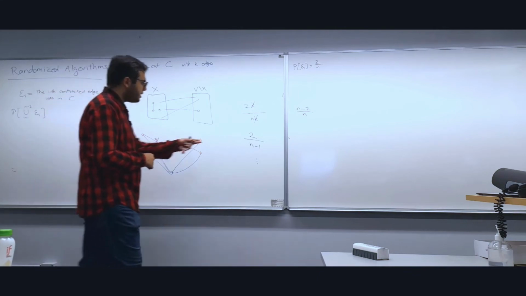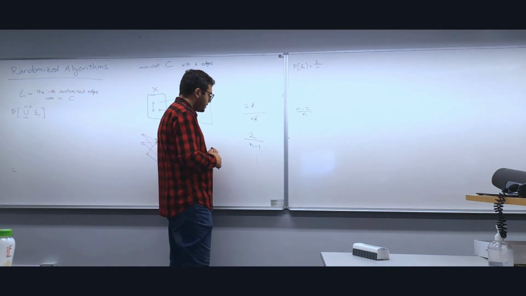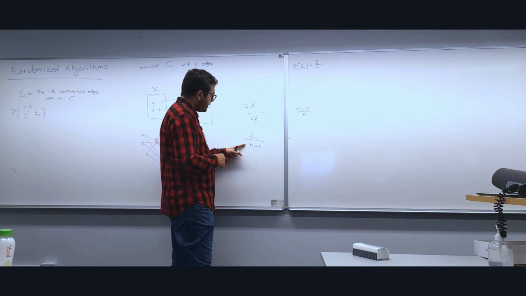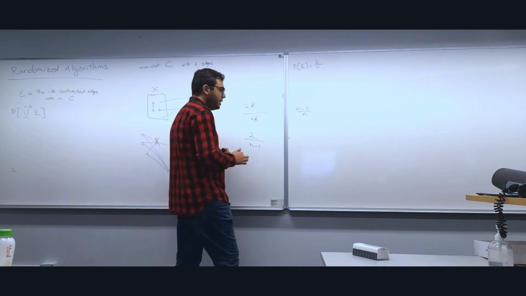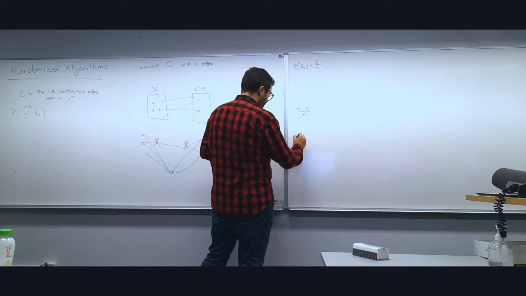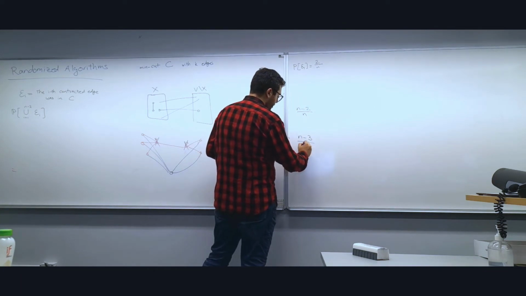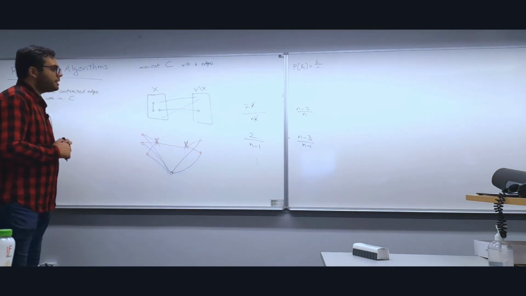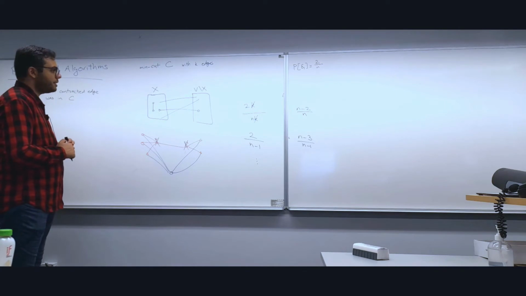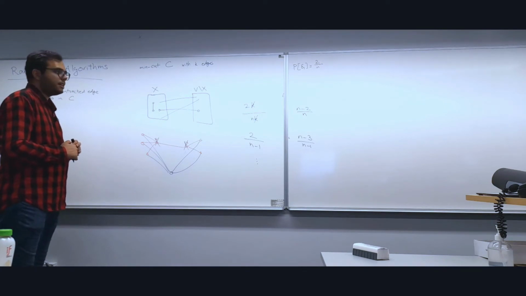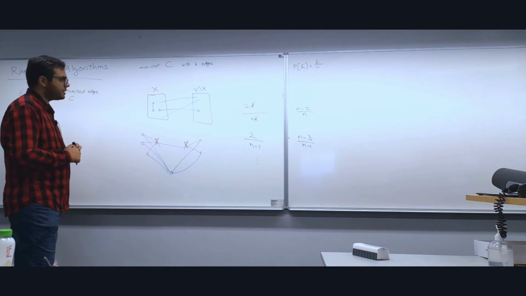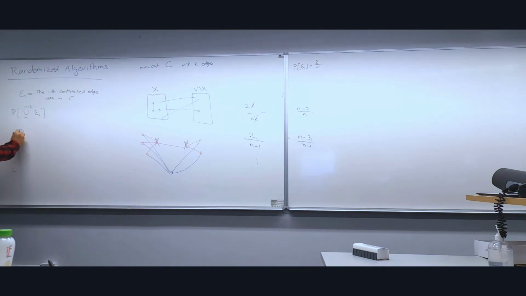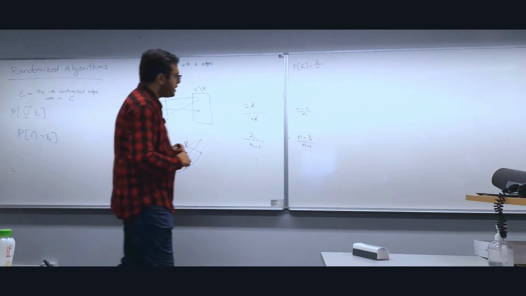Now, for the second one, I can also say something similar. I can say the probability that this one is not in the set C is n minus 3 over n minus 1 at least. So now what is the probability that none of them are in the set C? Yeah, it's the intersection of these events. So what I want is the probability of the intersection of all the complements of the bad events.